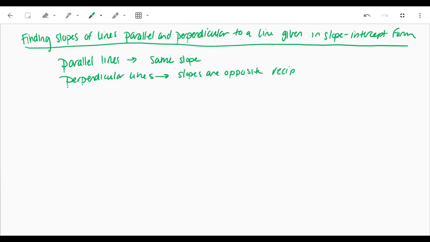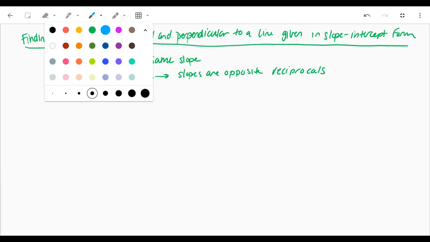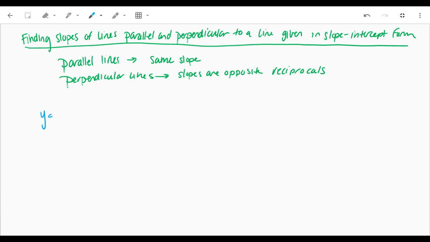So that means one will be positive, one will be negative, and a reciprocal is when you flip a fraction, switching the numerator and the denominator. So if we have y equals 2x minus 3, the slope is 2. Your y equals mx plus b. A parallel line, slope is 2.